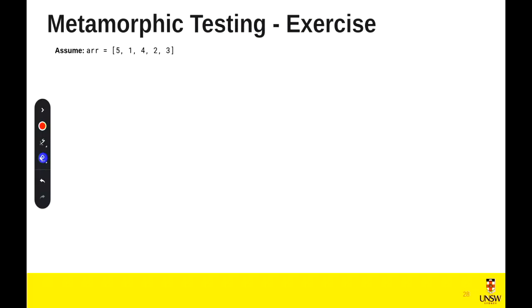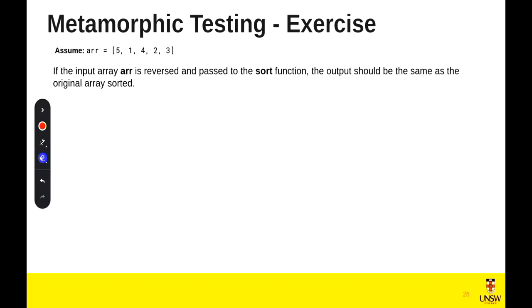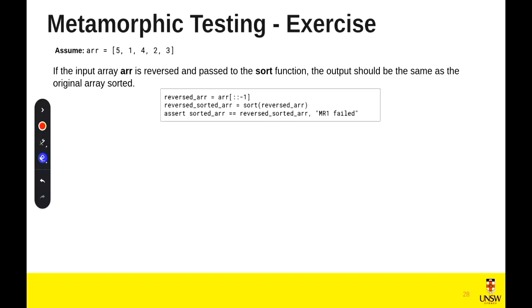When we design the test case, we design this variable, and after sorting, it should be 1, 2, 3, 4, 5. The first metamorphic relation is: if the array is reversed and passed to the sort function, the output should remain the same. So we can design this test case.